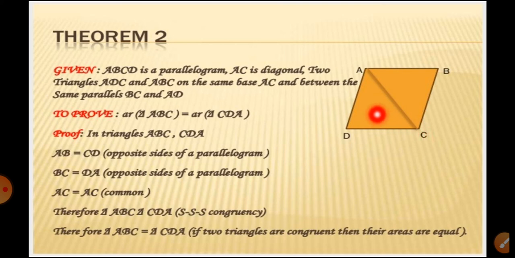Therefore, triangles ABC and CDA are congruent by SSS congruency. Three sides are equal. Therefore, area of triangle ABC is equal to the area of triangle CDA. If two triangles are congruent, then their areas are equal.